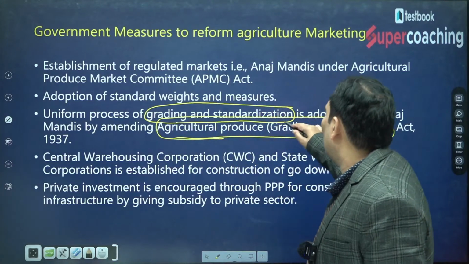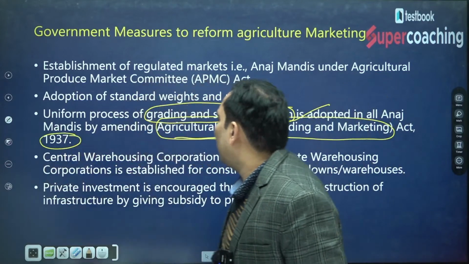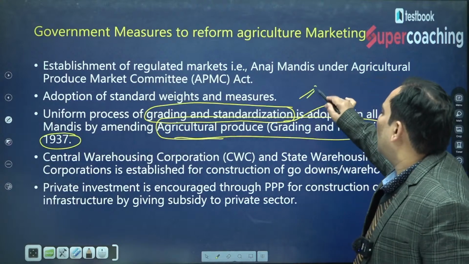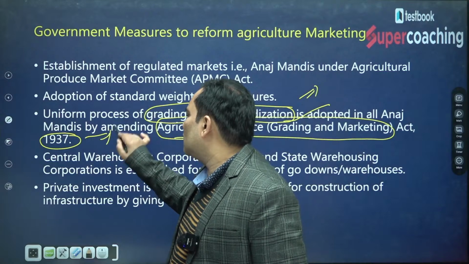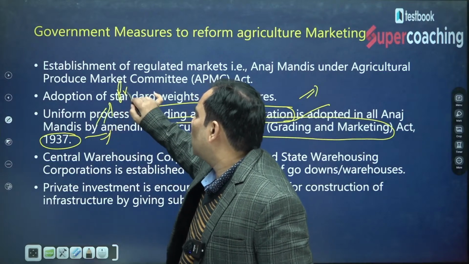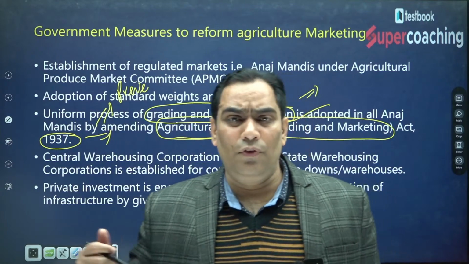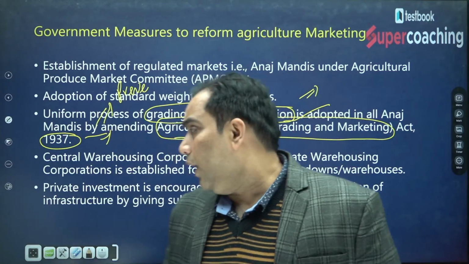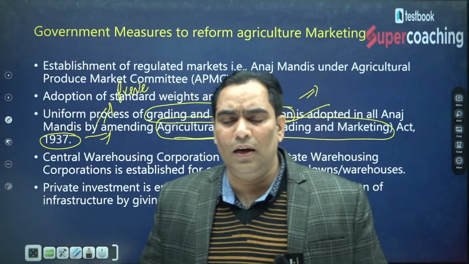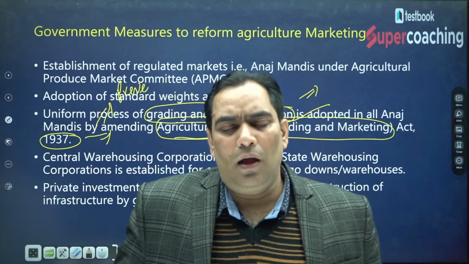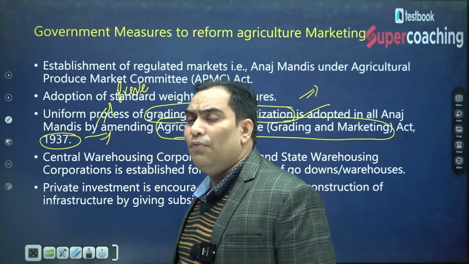This Agriculture Produce Grading and Marketing Act was of 1937, and this was amended, and through that only one authority was also constituted. But still this is not very prevalent because of lack of knowledge among the farmers. So for grading and standardization, we made a provision, but it is not working efficiently.